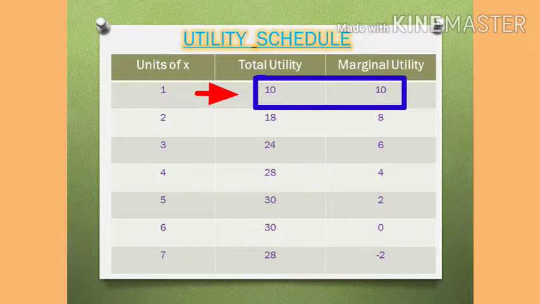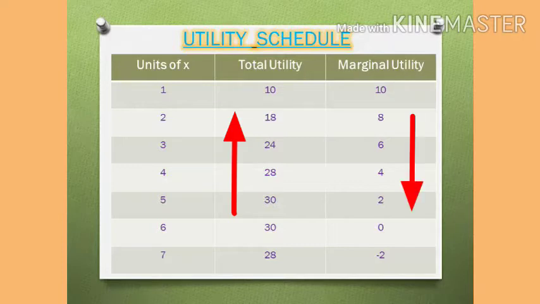Second, as the consumer consumes further units of X, the total utility increases at a diminishing rate and marginal utility goes on diminishing. That is, total utility increases, marginal utility diminishes.